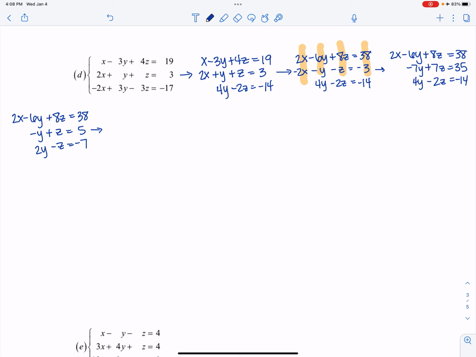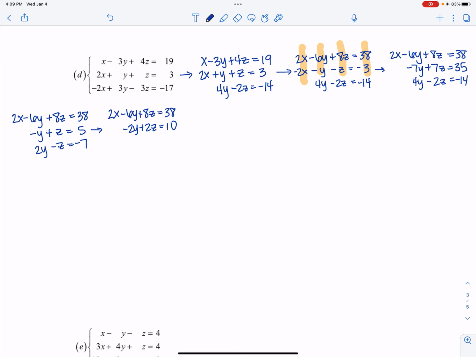And then I'm going to multiply the middle row by 2, so that way we can start eliminating there. So the top stays 2x minus 6y plus 8z equals 38. The middle will be negative 2y plus 2z equals 10.